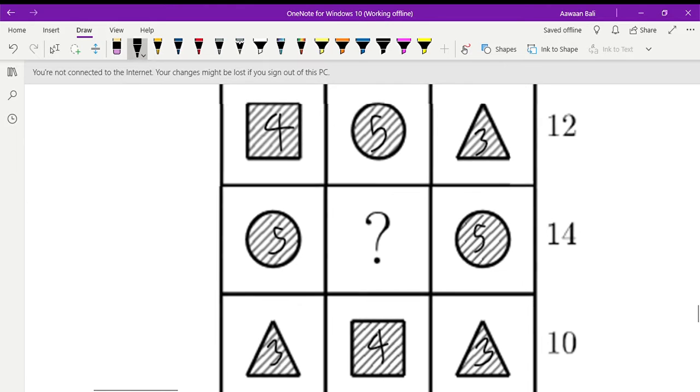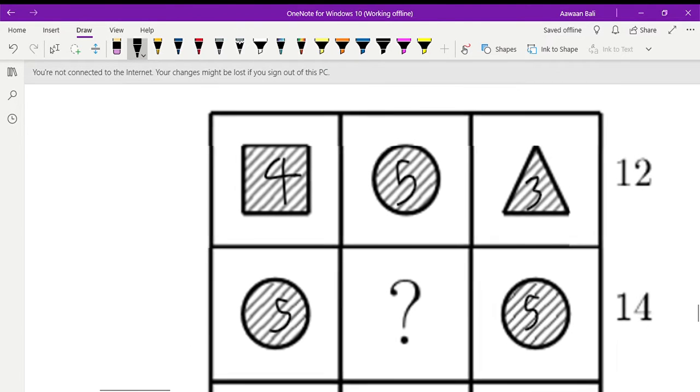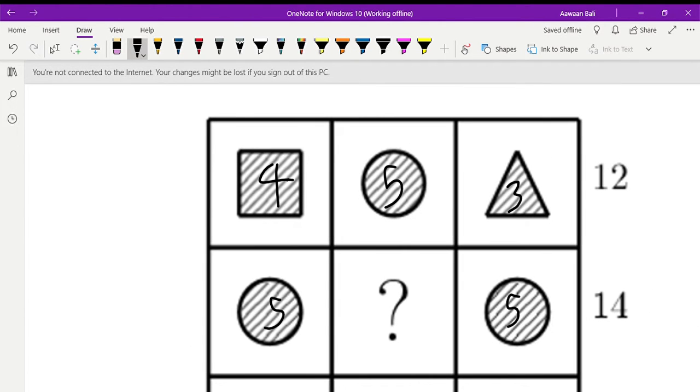Now here you can realize that there's a pattern. The square, which has 4 sides, has a value of 4. The triangle, which has 3 sides, has a value of 3. And the circle somehow correlates to 5. Well, that sounds right to me, but it's your choice and your thinking. It's just my opinion.